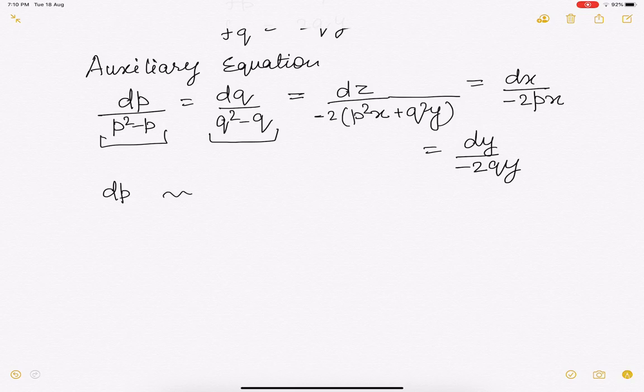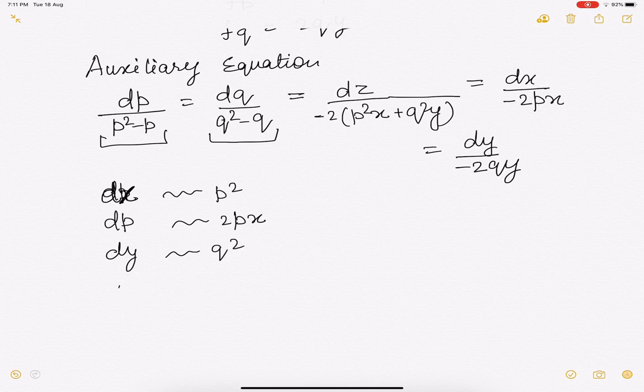For dx it will be p square, and for dp we have 2px. So let us solve it. Similarly, for dy we are going to take q square, and for dq we are going to take 2qy.